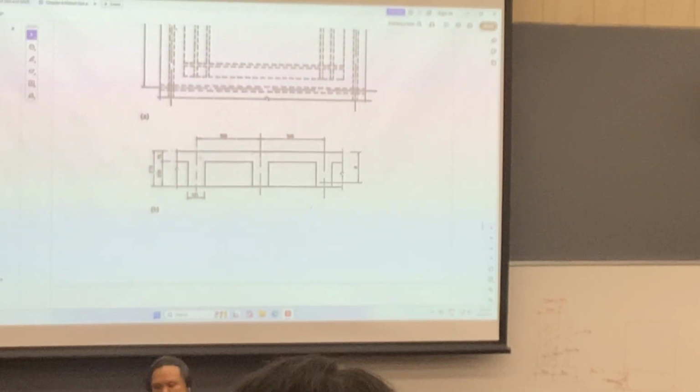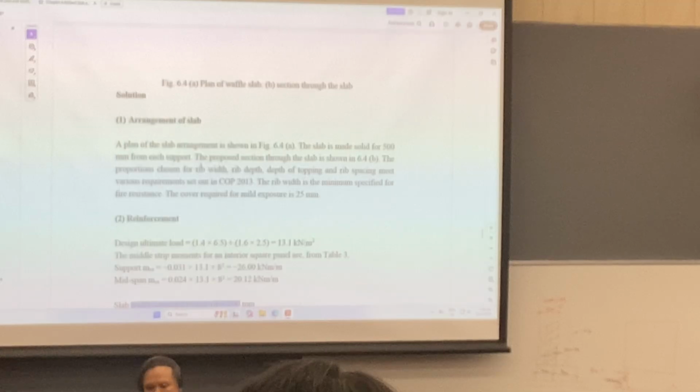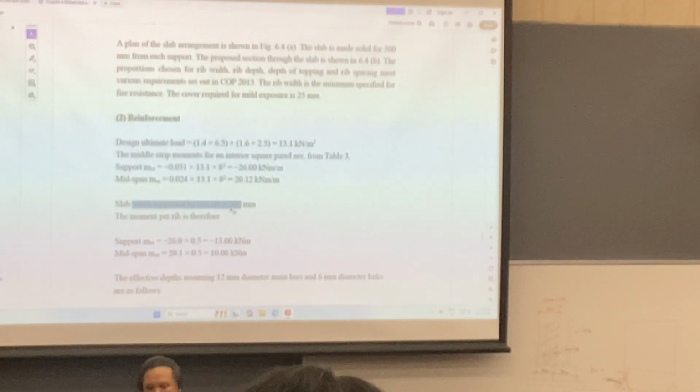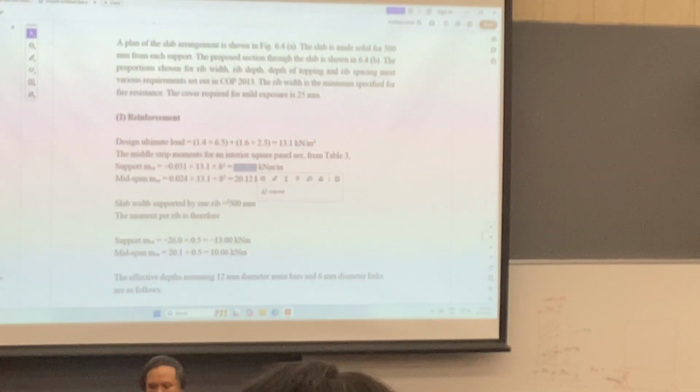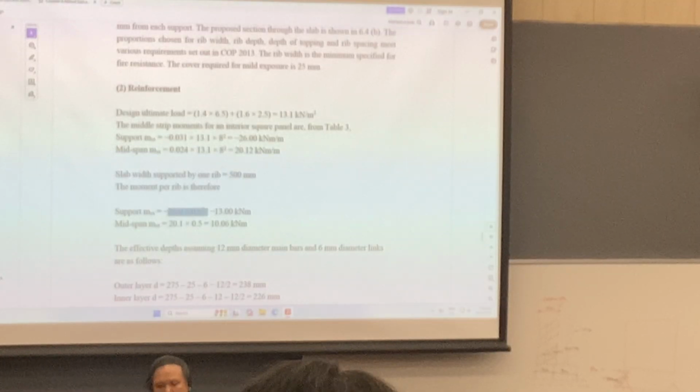So we have 500 here, which is actually the load width. We multiply by 500 because we take this load per meter. Right now we have just 500 mm, so we have negative 26 times 0.5, and then 20.1 times 0.5.